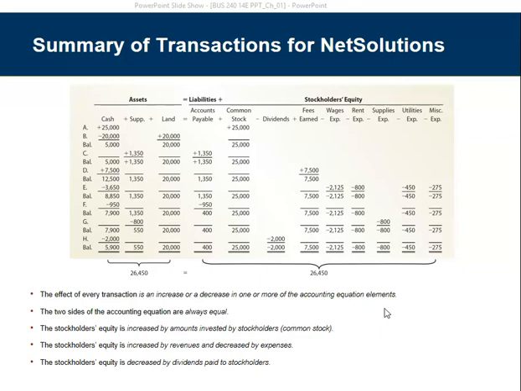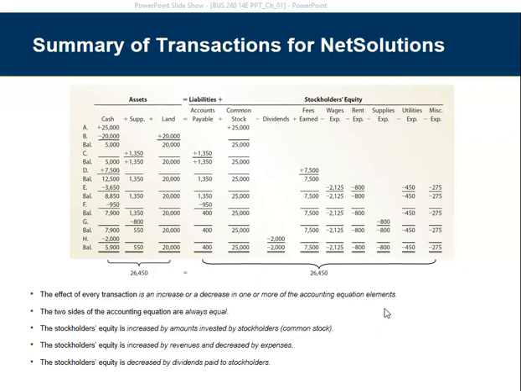So if we think about it, Chris Clark invested $25,000 in the previous video into Net Solutions. Well, what happened when he did that? Cash went up by $25,000 and there were no liabilities. So let's just say that he decides to throw in another $10,000 as an investment. Well, cash would go up by that additional $10,000 and there would be no liabilities. Therefore, stockholders' equity would have to go up.